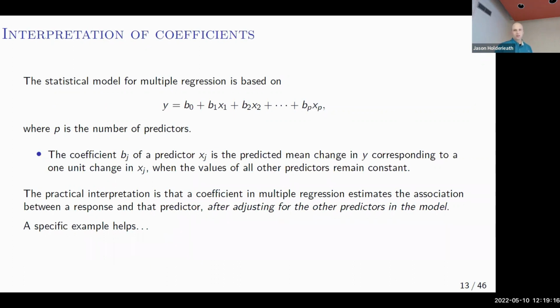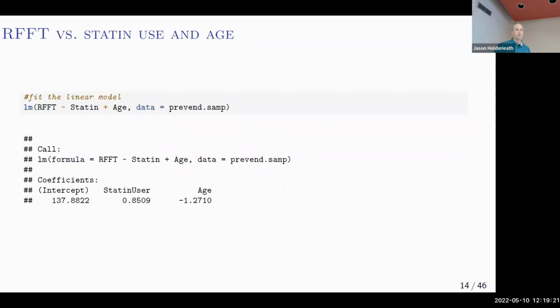So let's see here. Now, if we add age, the age coefficient is negative 1.27, and our intercept is much higher. And our statin user coefficient is plus 0.8509. Oh, okay, so what's going on here? Well, as I mentioned, we know that people's cognitive ability generally declines, so we see that in the age slope.